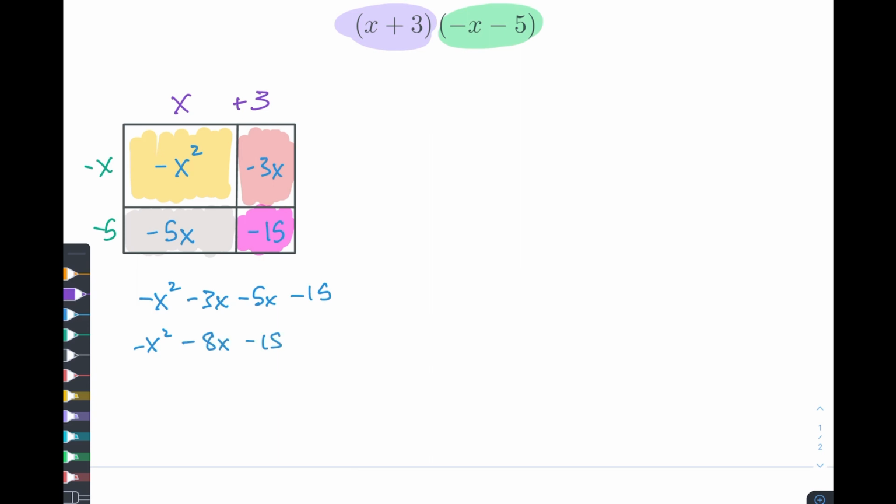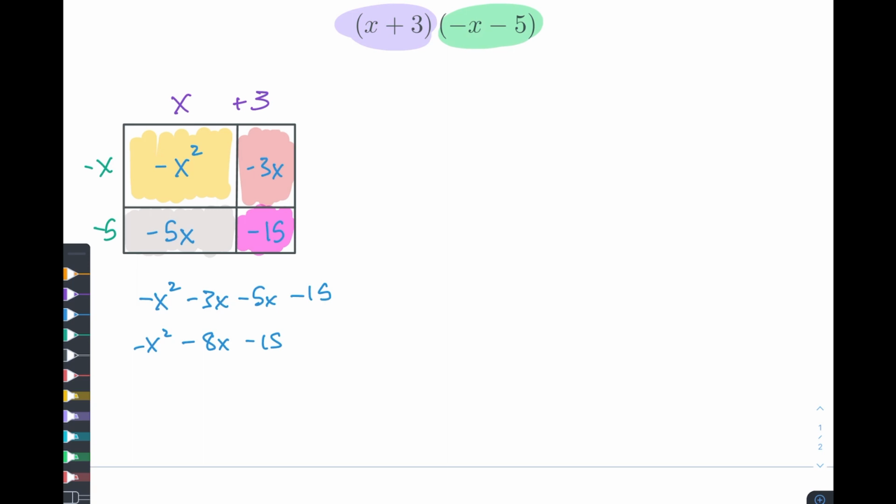Nothing's going to be any different, as we've seen before, if we've got our x plus 3 and we have our negative x minus 5. Now, I will say, sometimes it's easier to break this one apart than it is to do this one. You don't always have to break this one apart. And actually, let's do that. Let's break this one apart instead of this one.